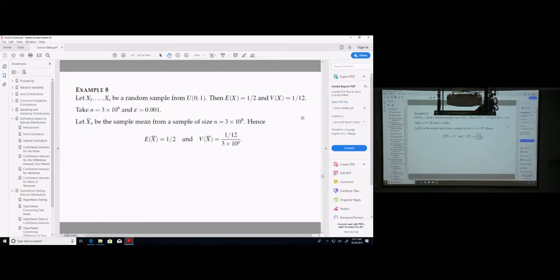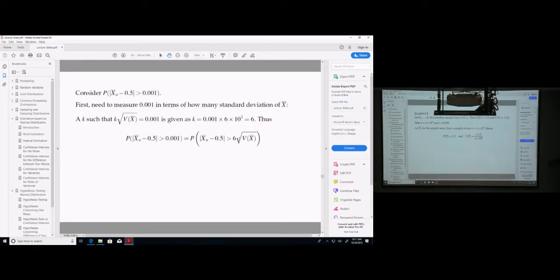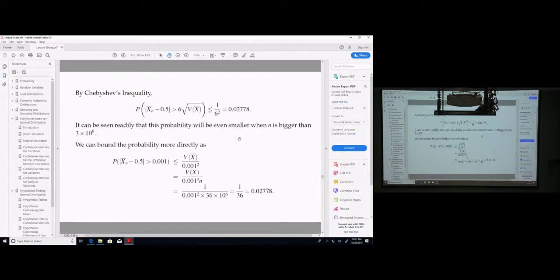So this is an example. Now here I have a uniform distribution, and we worked it out, and this probability is actually not very big. It's about 3%.